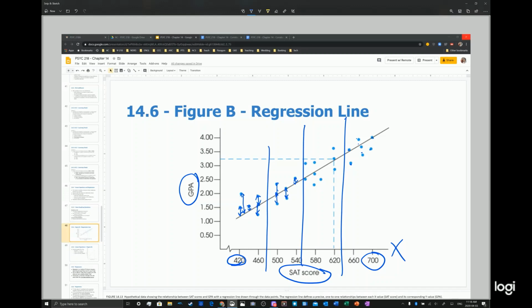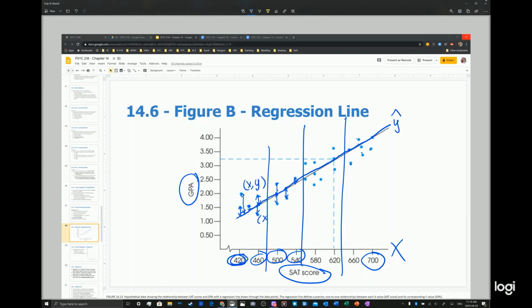So the y values for each score compared to the regression line, the deviation score, so to speak, the distance between a y value of the actual score and the y value of the regression line given a point in x, let's say 420, 460, 500, whatever. Each point would have the minimum distance between the y value of the regression line, which will be y hat, and the y values themselves for each score.